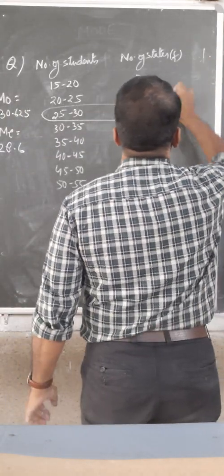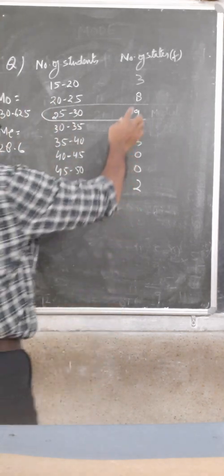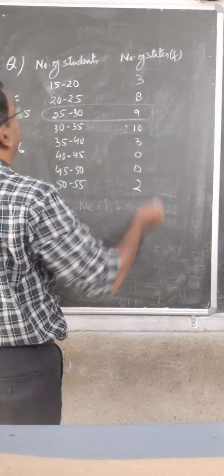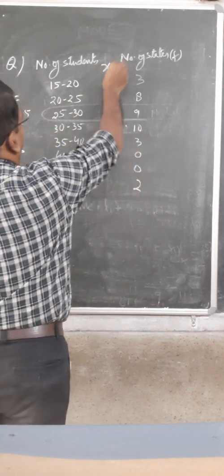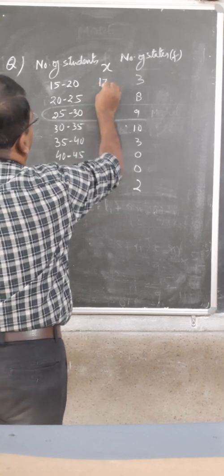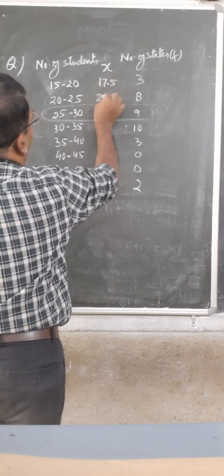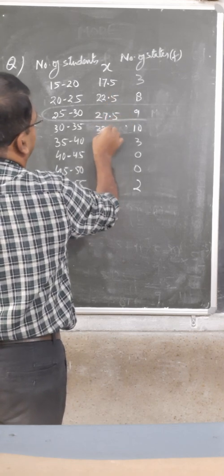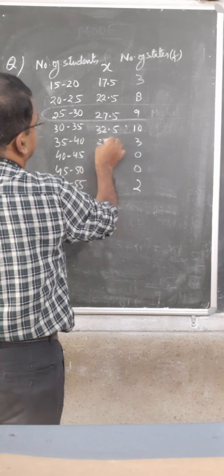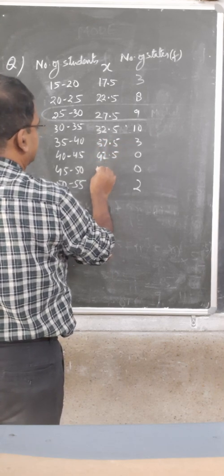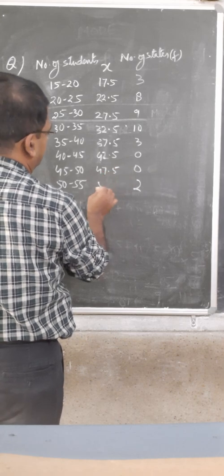And now to find the mean, first of all you have to write down the value of class mark, that is x. So 15 plus 20 by 2 will be 17.5, then 22.5, then 27.5, then 32.5, then 37.5, then 42.5, then 47.5 and 52.5.